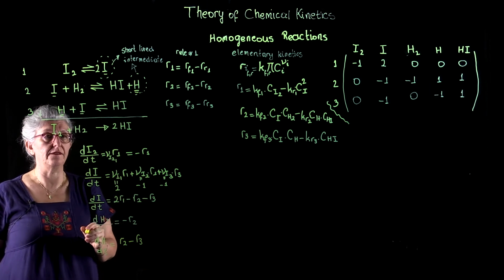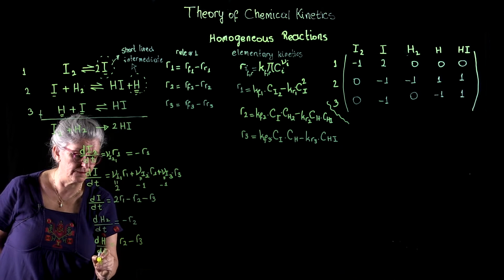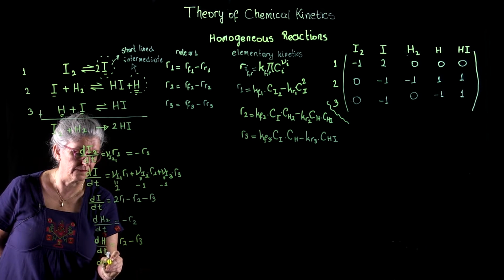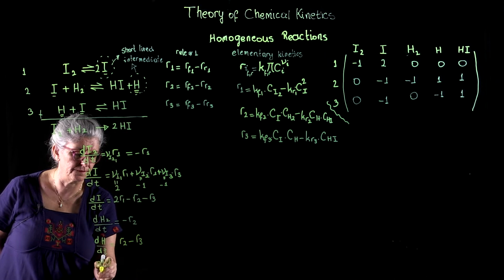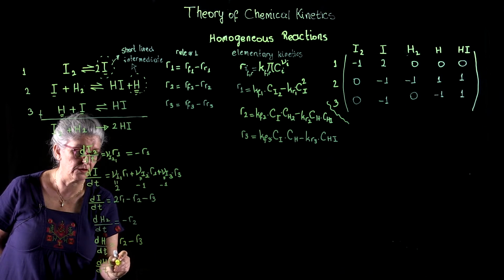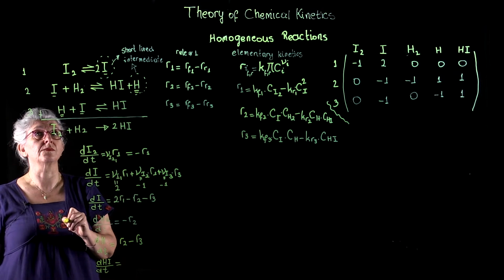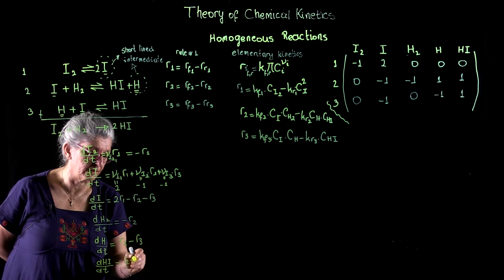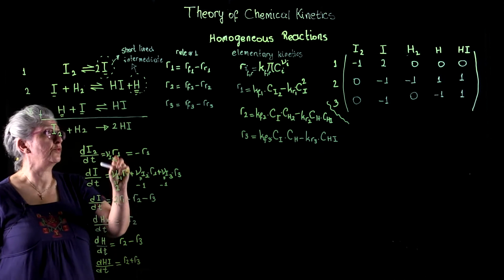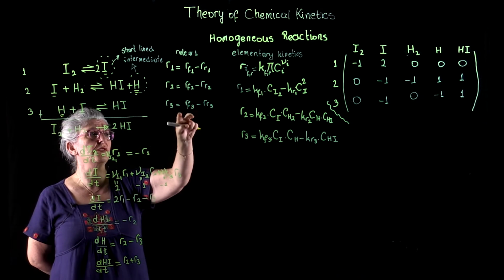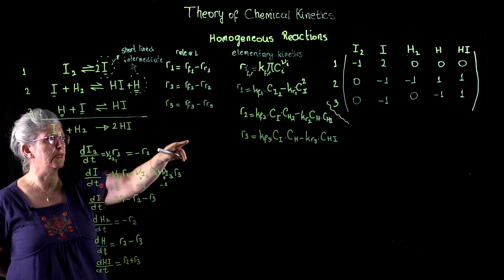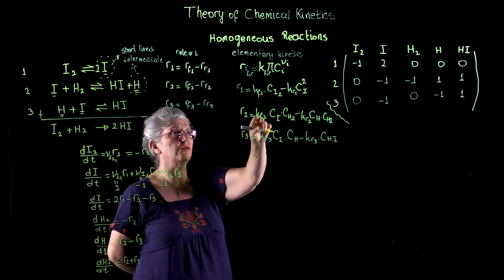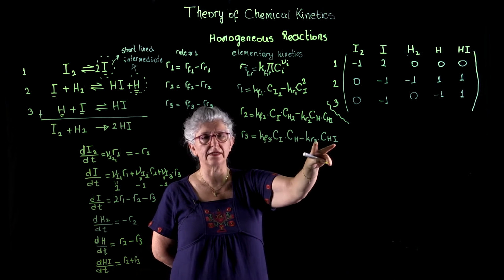And then finally, we have dHI over dt, which is equal to R2 plus R3. And those R1s, R2s, R3s are expressed in terms of their individual rate constants and the concentrations.